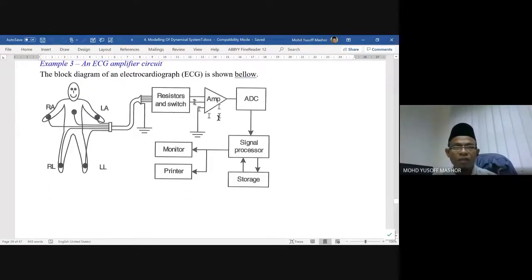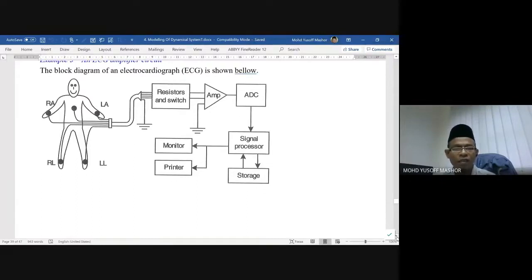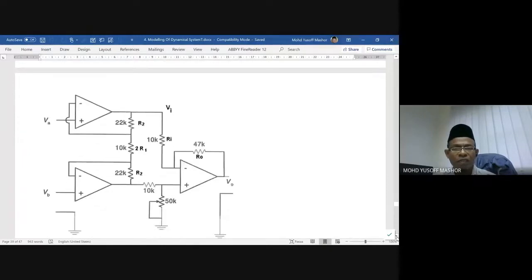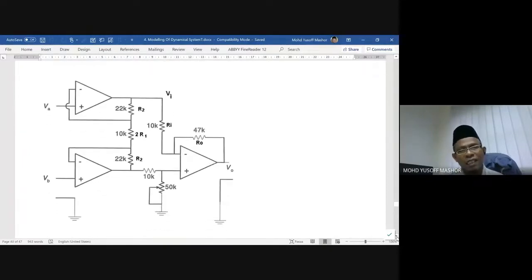As usual, over here you have the amplifier circuit, so you can model this. Unfortunately, the signal conditioning is mostly a filter, so we have another example of a filter later on. For the amplifier circuit, normally we have at least something like this inside the amplifier part.